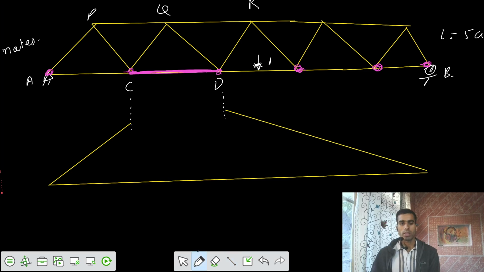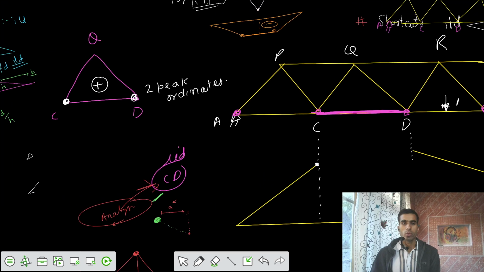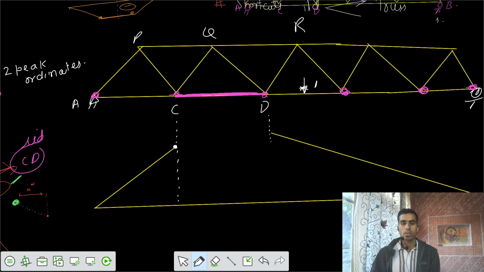These two values can be different. Here the slope would be something, but I would say one thing: if the loading joint was Q, the peak would have been at the location of Q. But because the loading is not at the joint Q, I should have this point Q somewhere here.